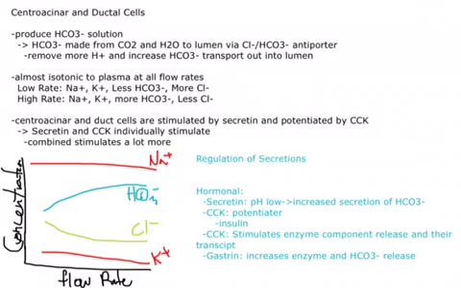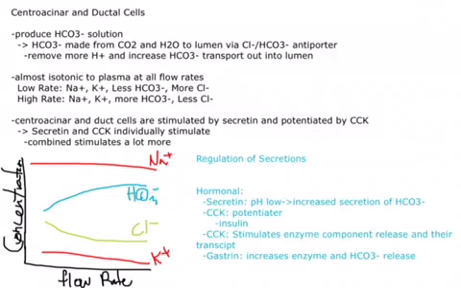So there's the relationship. Also, our centroacinar and duct cells are stimulated by secretin and potentiated by CCK. Secretin and CCK individually stimulate, but once they are combined, they stimulate a lot more, because CCK is a potentiator.